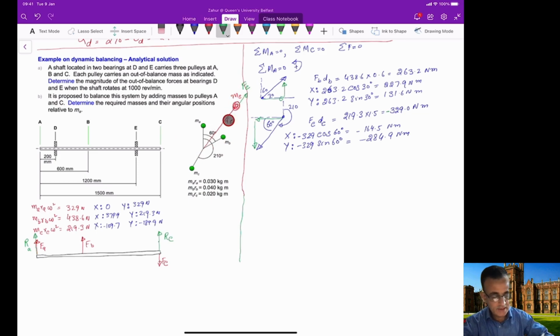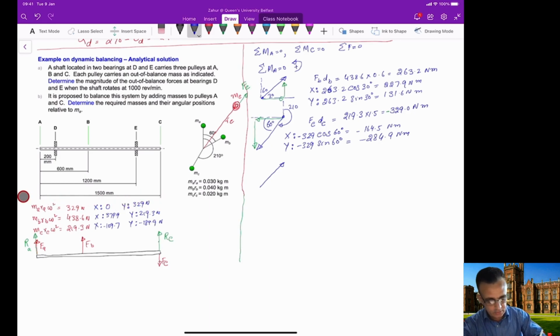So in this case, we are assuming that it's just a positive moment, and obviously we are taking the moment. So the moment will be equal to RC times this distance here, which is 1.5. And this will be our angle here.